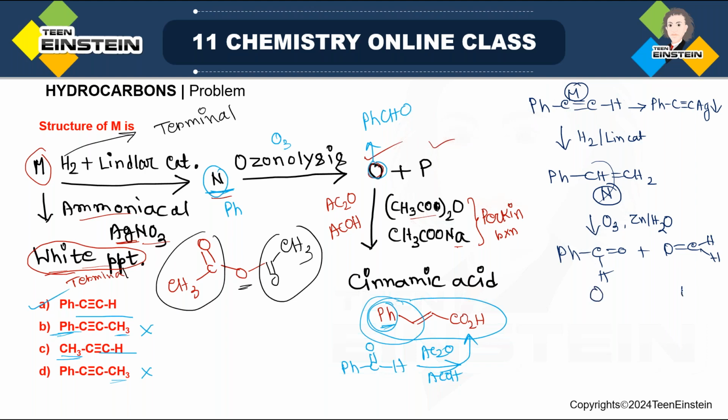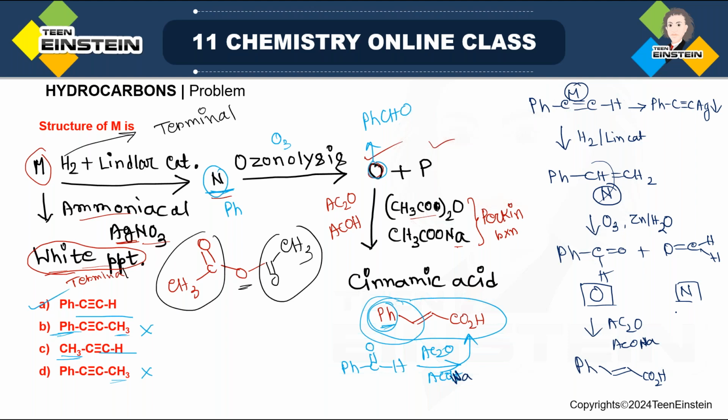Now this is O and this is N. Now when you treat O with Ac2O in presence of the sodium salt of acetic acid, NaOAc or AcONa, then you will get cinnamic acid. Okay, so this is the full reaction.